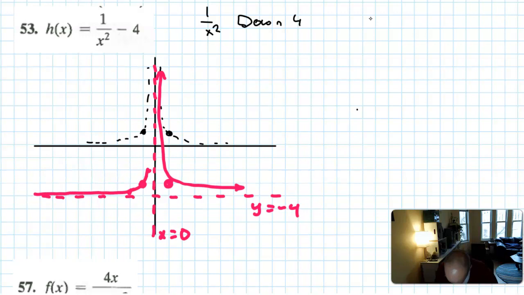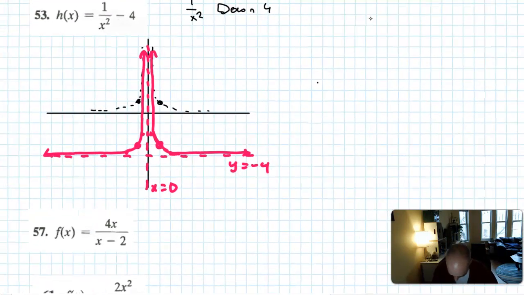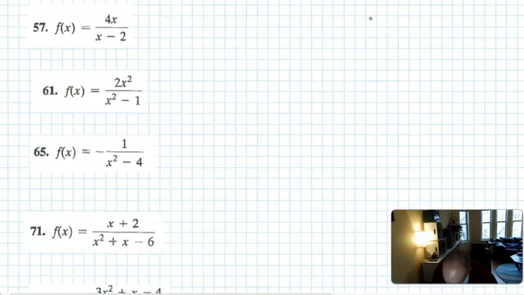But that's really not something that you're going to pick up when graphing by hand, especially when you're just sketching. So just make it look like a nice smooth curve kind of going like that. That's your 53. Next, 57.